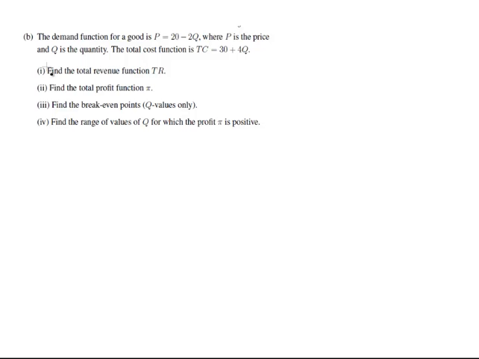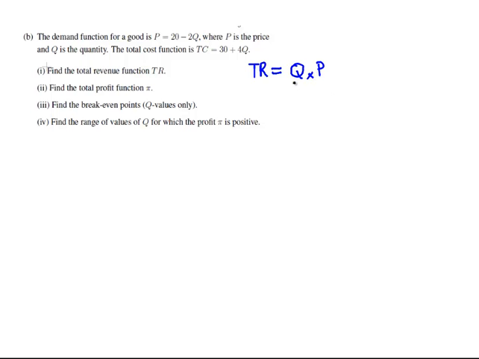Well, if we are selling Q units at a cost of P per unit, that is what our revenue is. So TR, total revenue, equals the quantity we're selling times the price we're selling each at.